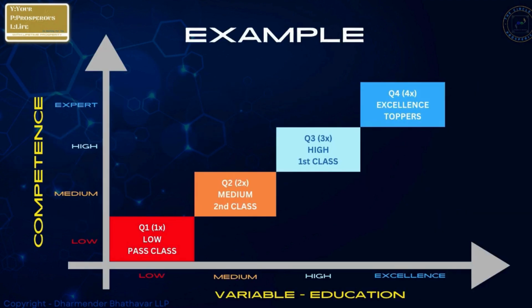For example, as you can see, there are two variables here. The first variable on the left hand side is the competencies, and they have 4 levels. Competency is low, competency is medium, competency is high, and competency is under the expert category.